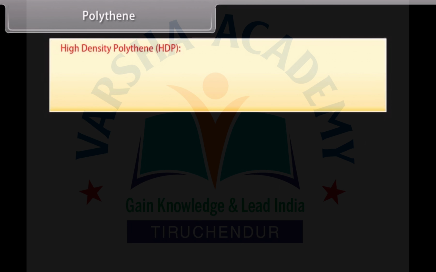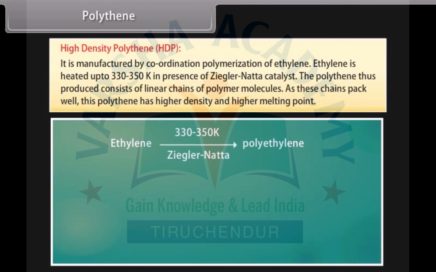High-density polythene. It is manufactured by coordination polymerization of ethylene. Ethylene is heated up to 330 to 350 Kelvin in the presence of Ziegler-Natta catalyst. The polythene thus produced consists of linear chains of polymer molecules.